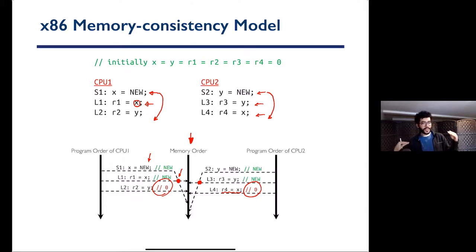And this is something that you should be aware of. So this is basically the x86 model. And if you're writing code for x86, which is probably most of the coding that you're going to be doing, you have to be careful that your instructions could be reordered.